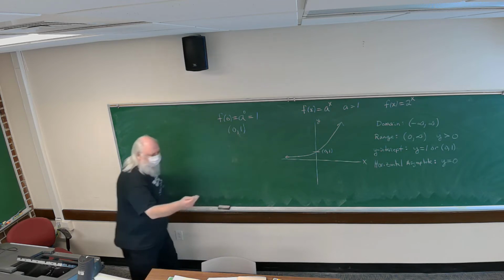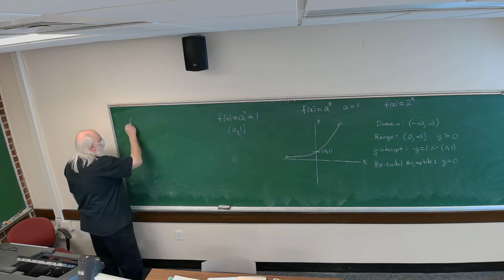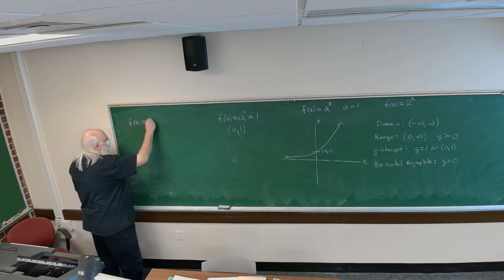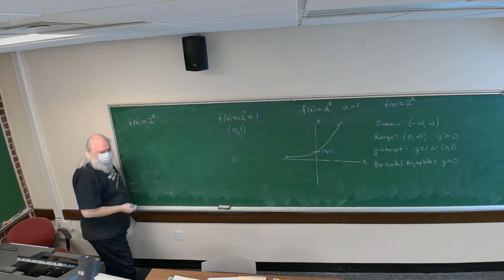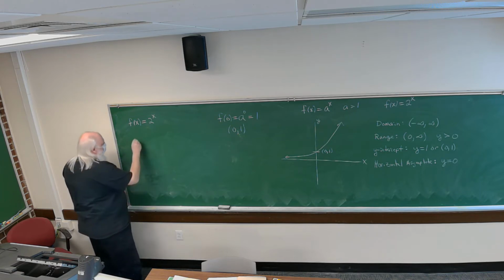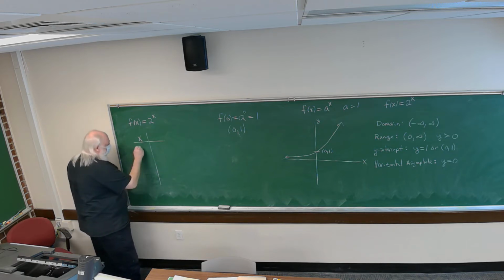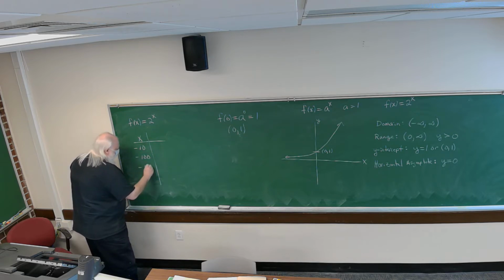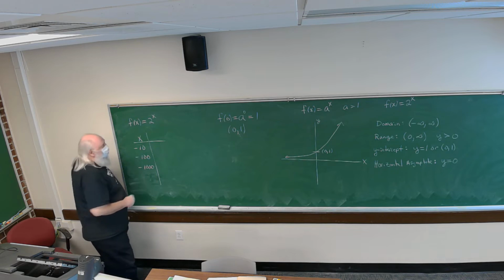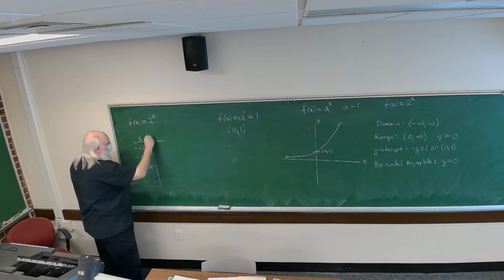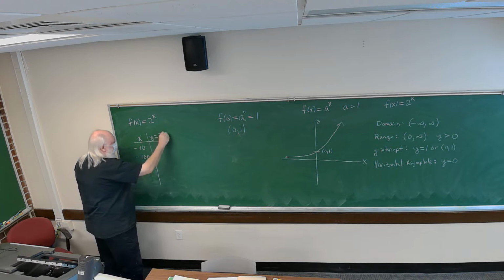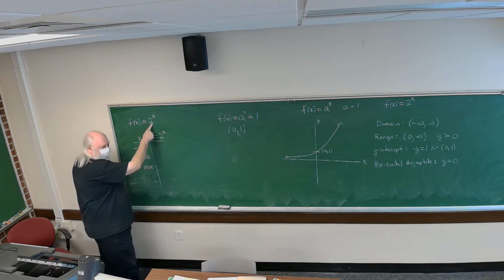So on the previous page we graphed f of x equals 2 to the x, where a is greater than 1. If you create a table of values for x going in the negative direction, minus 10, minus 100, minus 10,000, and so forth, you see that the more negative x is, the smaller y gets, the closer it gets to 0.